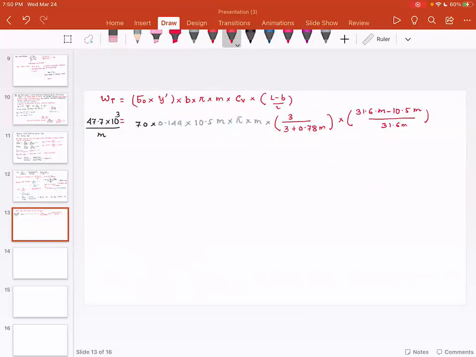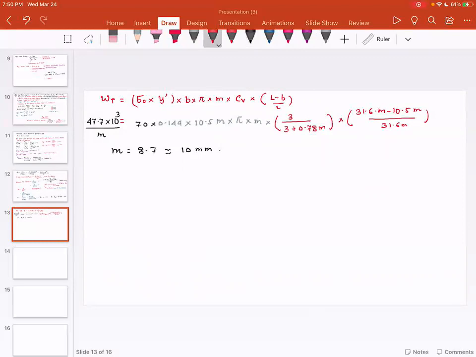So please note, just like the last problem, this equation has only one unknown, but we need to solve this equation using trial and error, or you can program this inside your calculator. And once you solve this equation, you will get the answer as 8.7. So I'm going to approximate this to 10 millimeter.